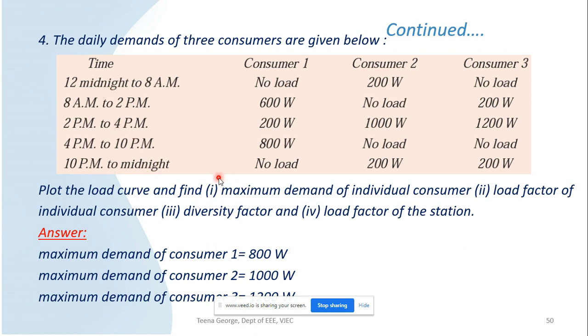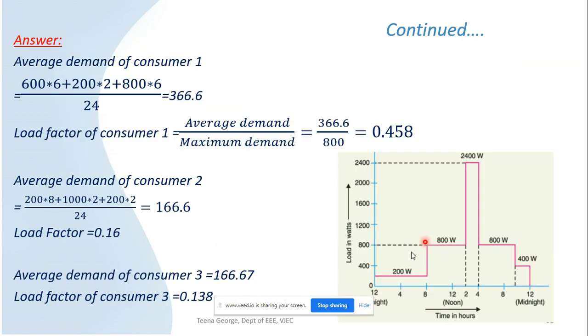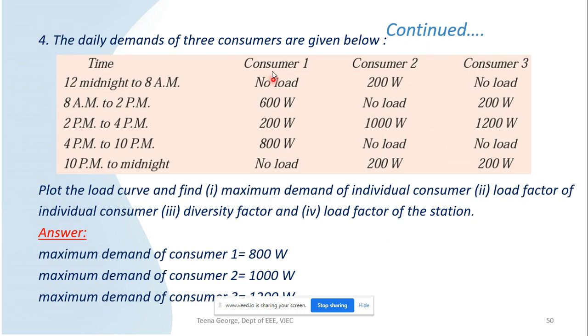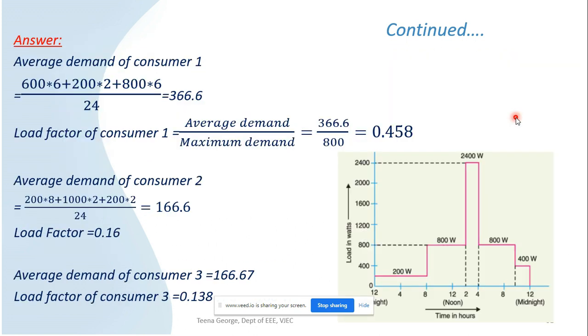From 12 to 8 a.m. it is 200 watts, the total of consumers 1, 2 and 3. From 8 a.m. to 2 p.m., 600 plus 200 is 800 watts.